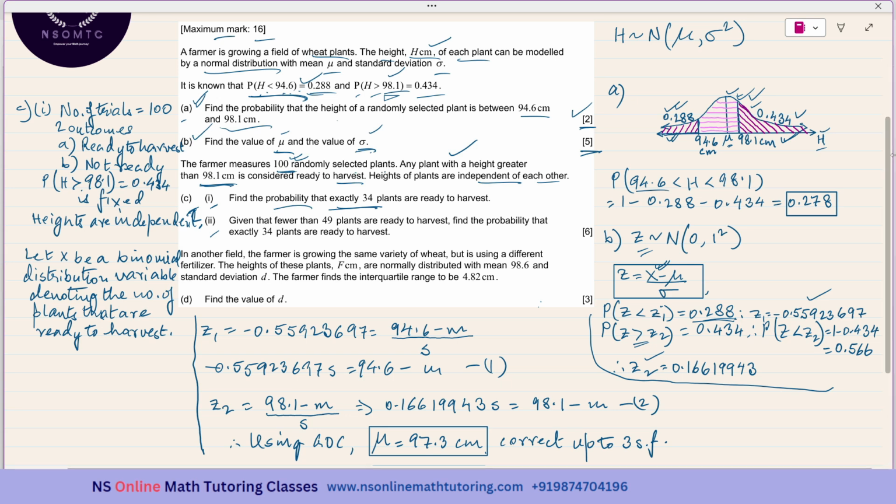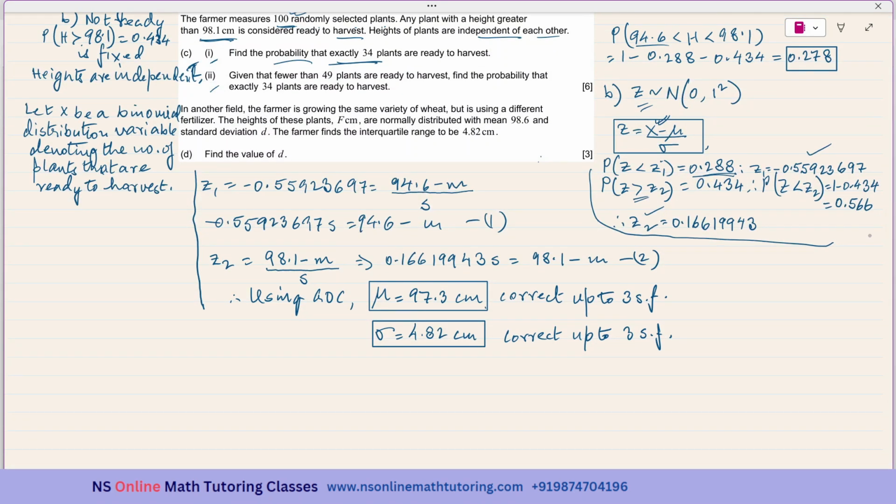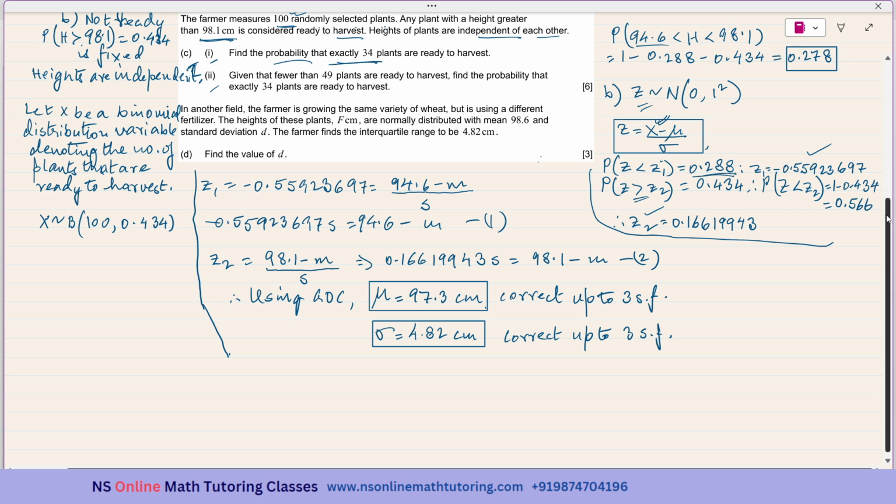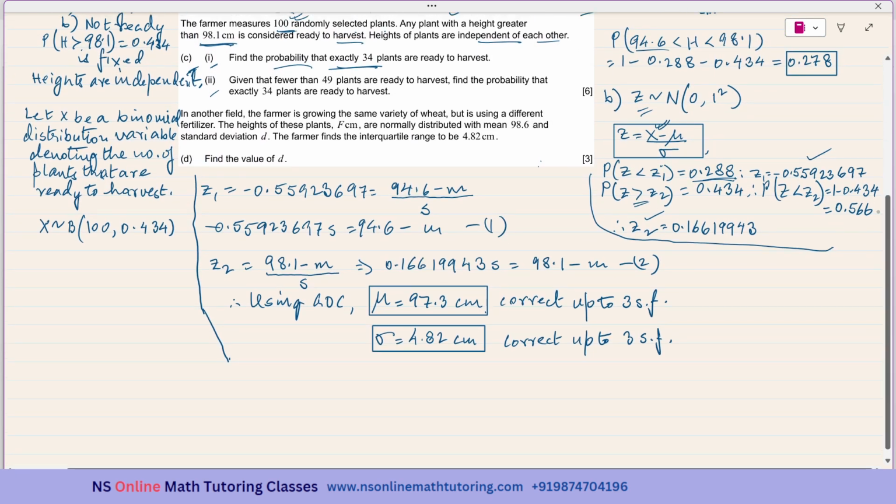Fine. So X is a binomial distribution variable. Number of trials is 100 and the probability of success is 0.434. And now the subpart C's I question, the first subpart of subpart C, says find the probability that exactly 34 plants are ready to harvest. So X value should be equal to 34.